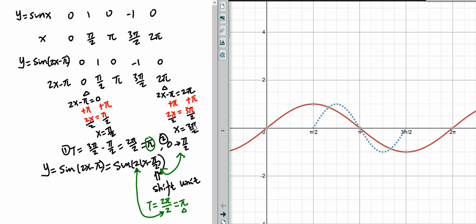You see 3 pi over 2, you plug in here. 2 times 3 pi over 2, you have a 3 pi. Minus pi, you have a 2 pi. Then the big quantity 2x minus pi is 2 pi. Then sine 2 pi will be 0. So basically, you have 2 pi, 0 previously for this point. Now it has to be 3 pi over 2, this point.